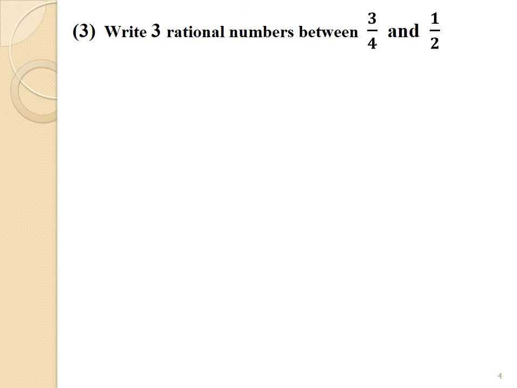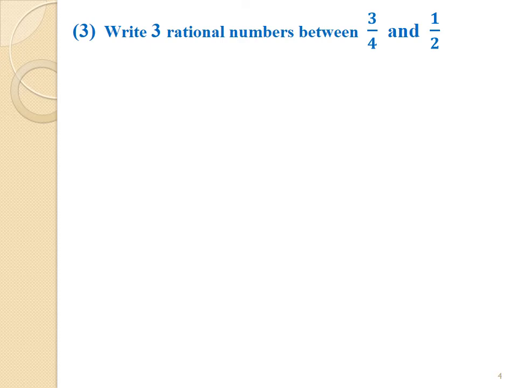Now, question number 3. Write 3 rational numbers between 3 by 4 and 1 by 2. Students, we know that in order to get 3 rational numbers between 3 by 4 and 1 by 2, first of all, we have to find out the LCM of denominators 4 and 2 of the given rational numbers.